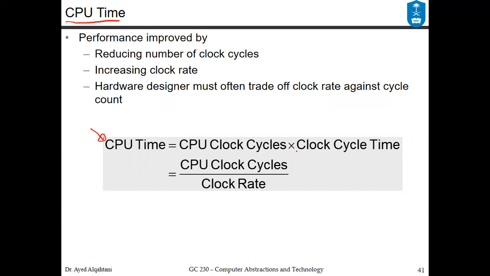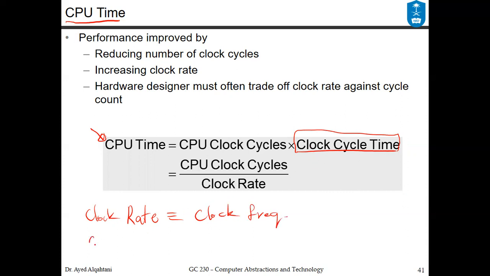Now you know that the clock cycle time is actually the same as the clock period. So if you take the reciprocal, it's going to be the rate. I should mention here that the word rate or clock rate is the same as clock frequency. Similarly, when we say clock cycle time, this is the same as the clock period.